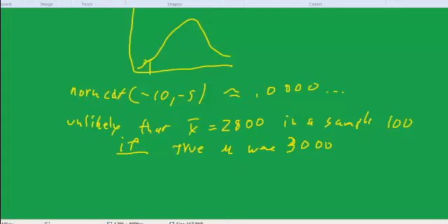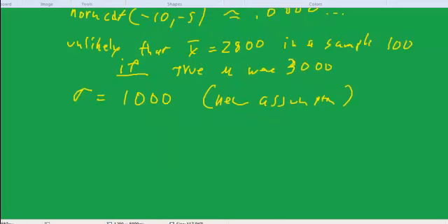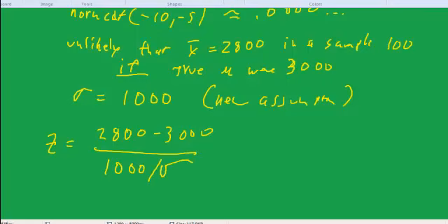Now we might have a very different story if the standard deviation were higher. Let's say the standard deviation, instead of being 400, were 1000. So we'll make a new assumption that the standard deviation is 1000. Now z is equal to 2800 minus 3000 over 1000 over square root of 100, and that's equal to -2.0.